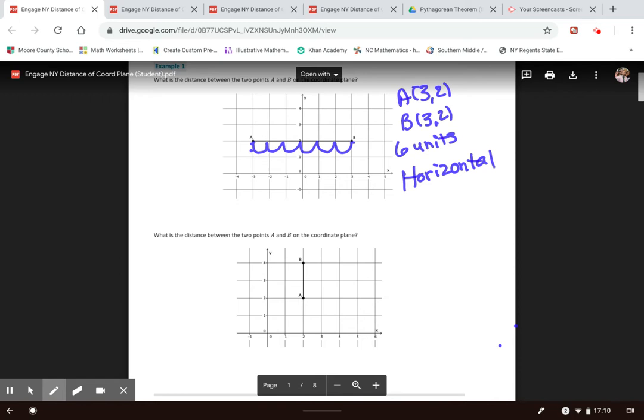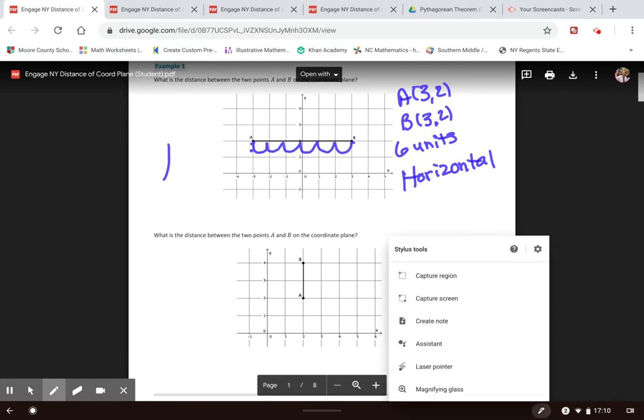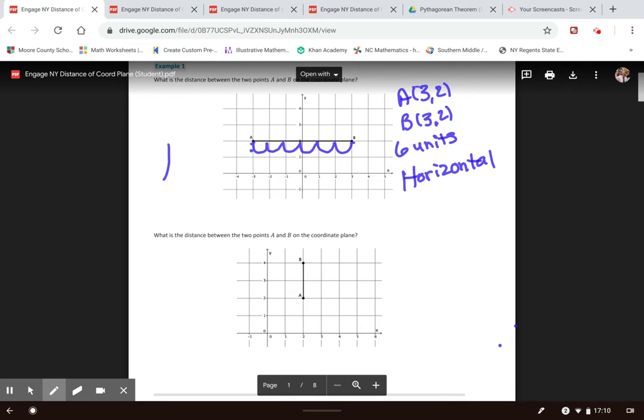Okay? Now if I look at the next one, it says what is the distance between the 2 points A and B on the coordinate plane. So again, point A is at 2, 2, and point B is at 2, 4.